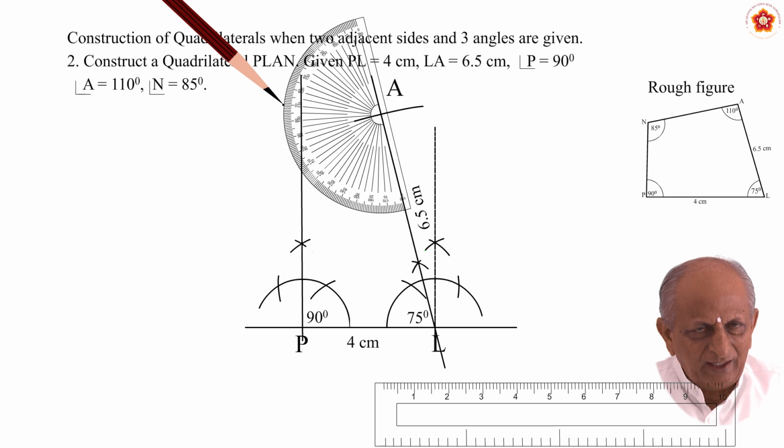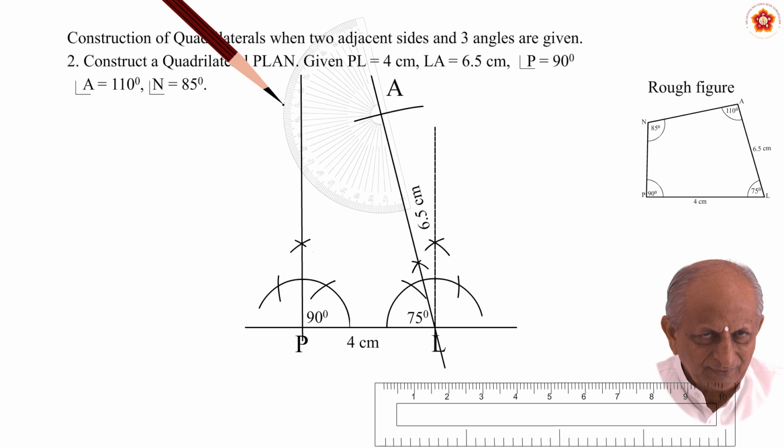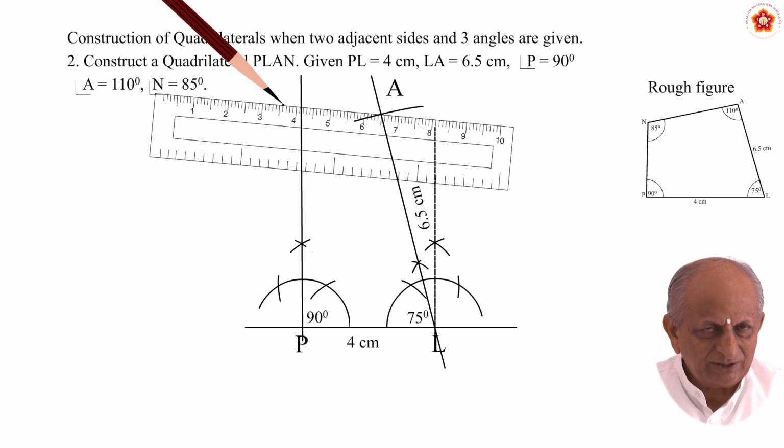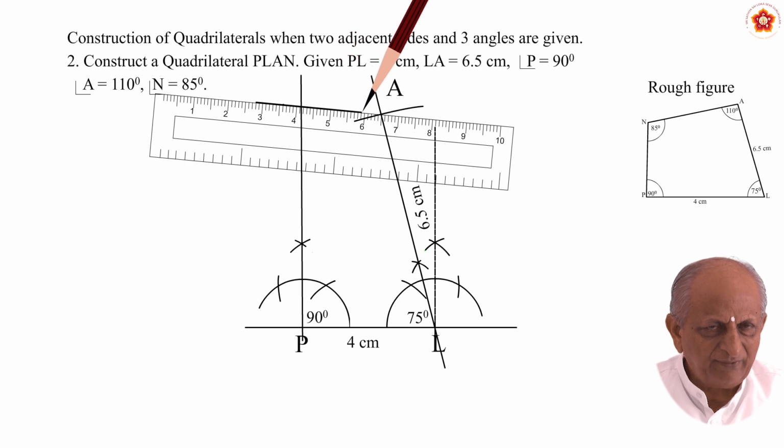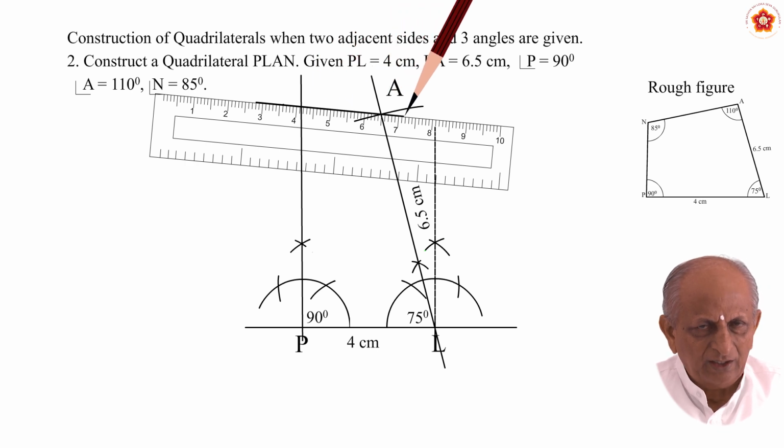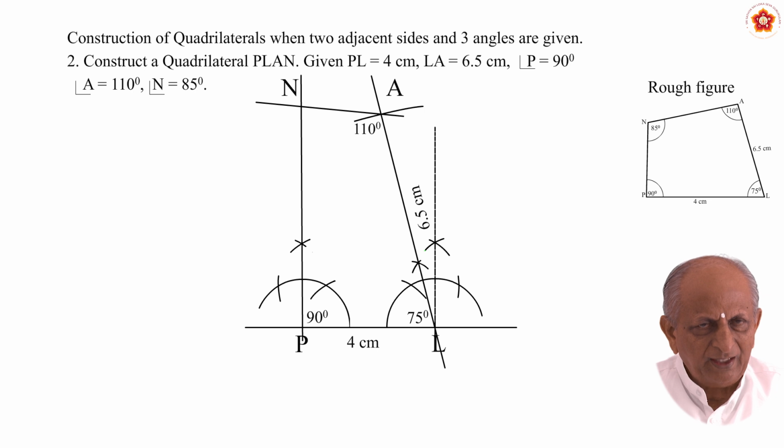So at A, make an obtuse angle of 110 degrees. And this line drawn from A cuts the previous line at N. Now PLAN is the required quadrilateral. So nice. I think you understood.